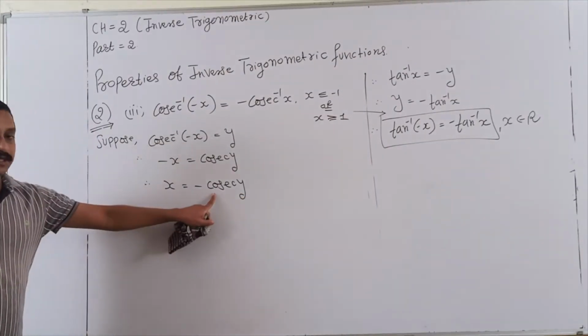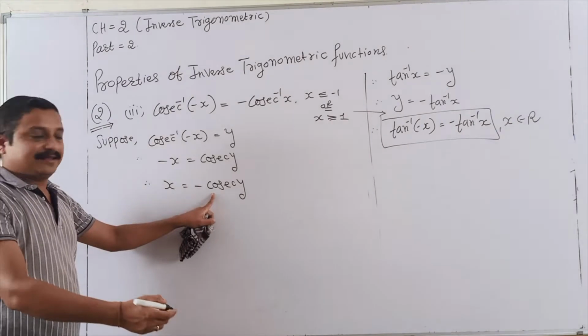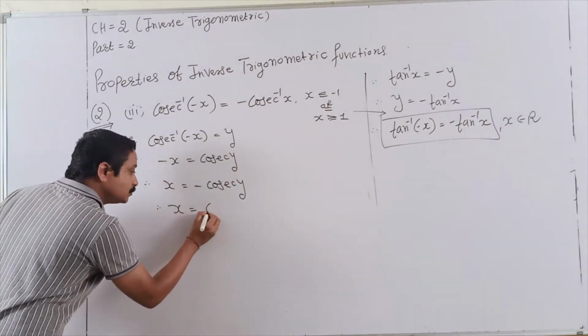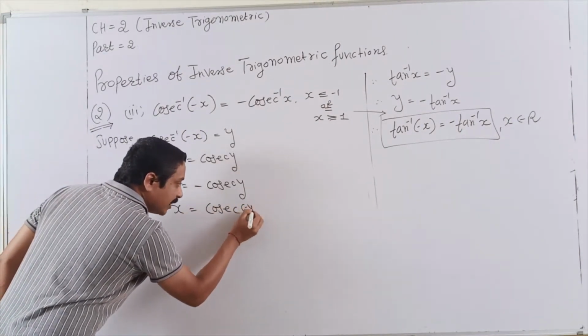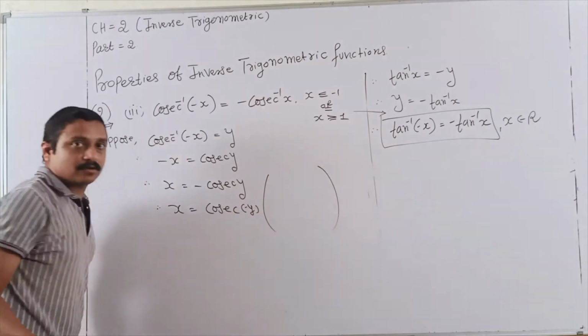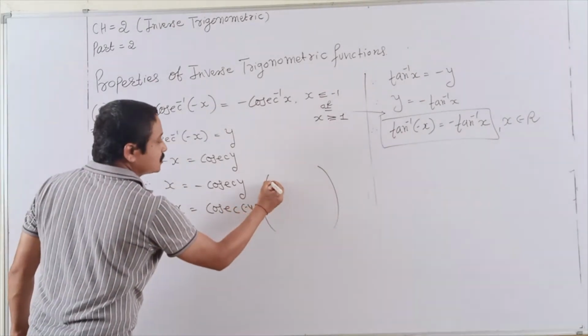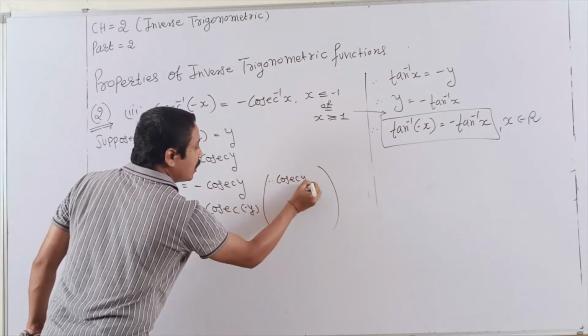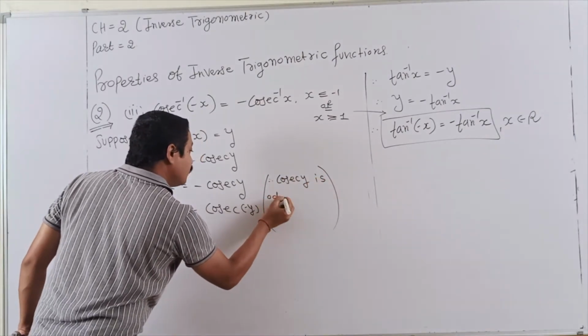Now this minus cosec y I translate in the odd form, so cosec of minus y, because cosec y is an odd function.